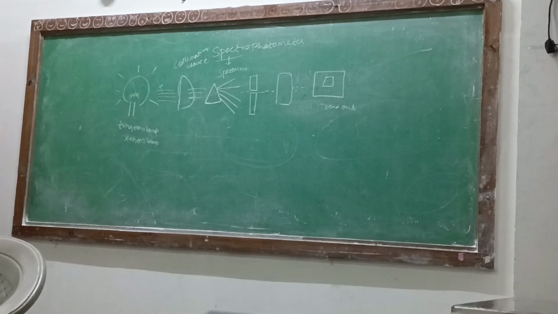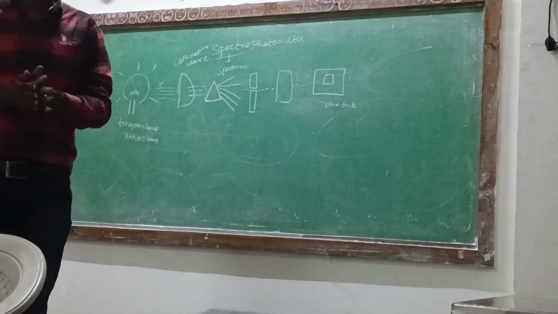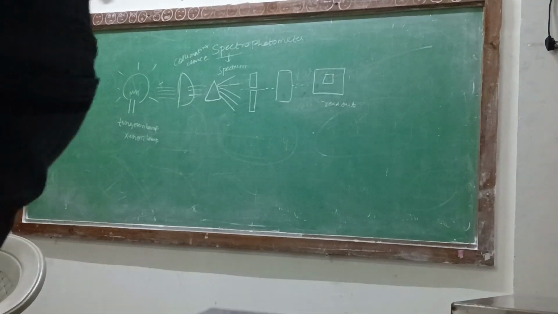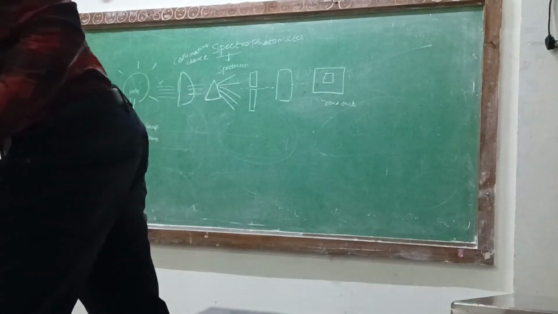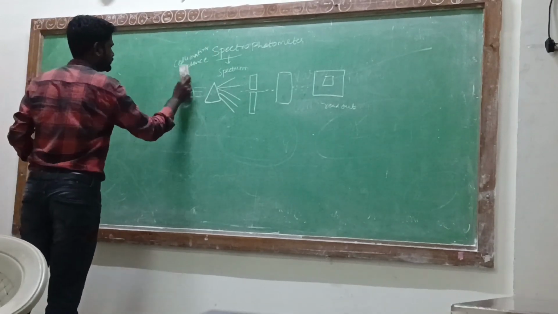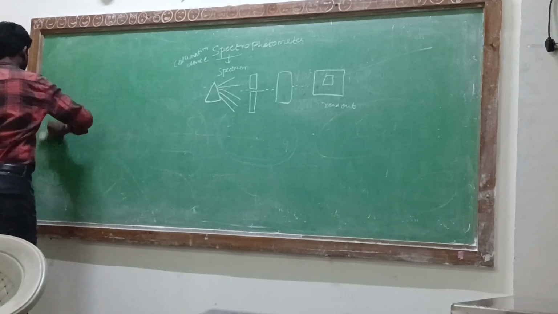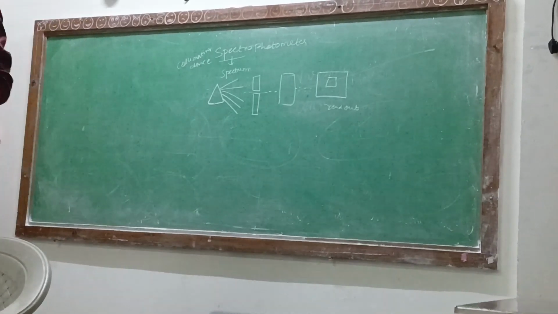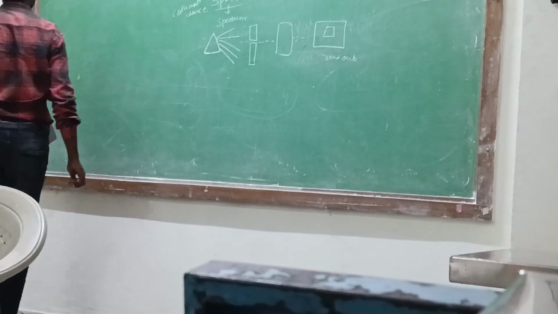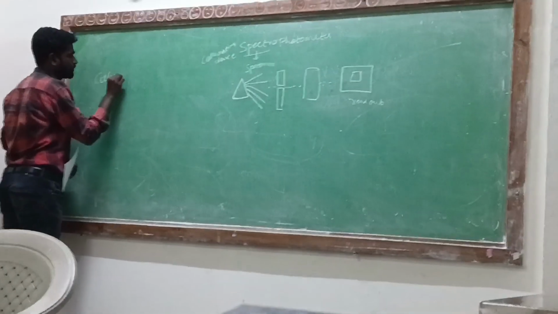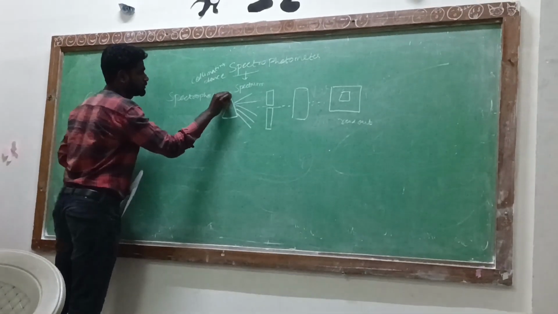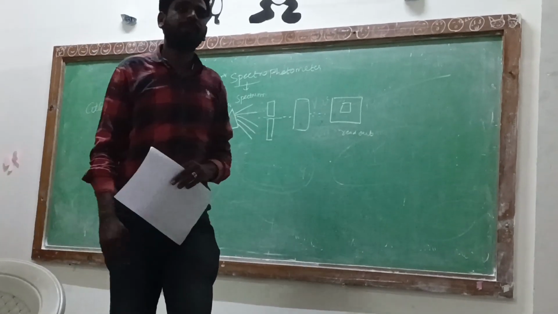Now we will see the differentiation between the colorimeter and the spectrophotometer, to have a clearer concept of what actually makes the difference. ठीक है, the first differentiation you can make between the colorimeter and the spectrophotometer.